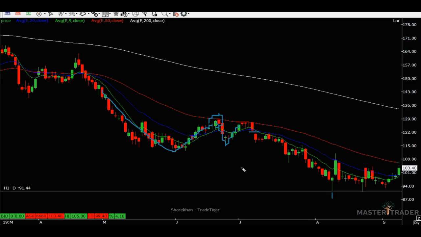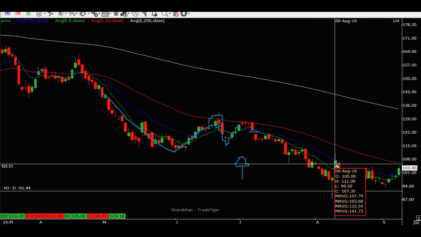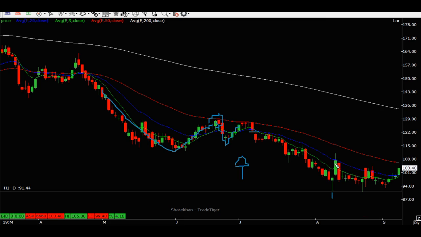You remember our up arrow, right, on the hammer? So it is pointing upwards, and see the next day, right? See the next day. We can see from 98, it made a high of 111. Okay, so about 13 points on a 100 rupee stock. That's more than 10% in one day, guys.